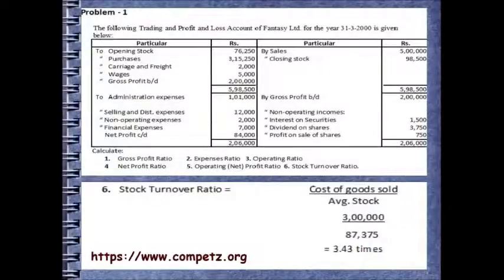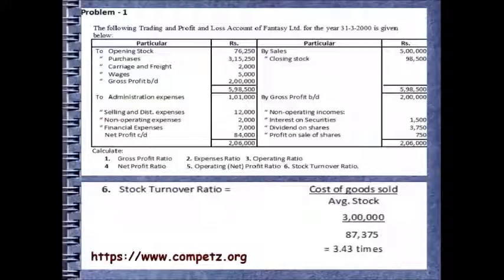Then the last ratio to calculate is your inventory turnover ratio, also known as your stock turnover ratio. So friends, in stock turnover ratio, the formula is your COGS, cost of goods sold, which we had already calculated, divided by your average stock, that is your opening stock plus your closing stock divided by 2.